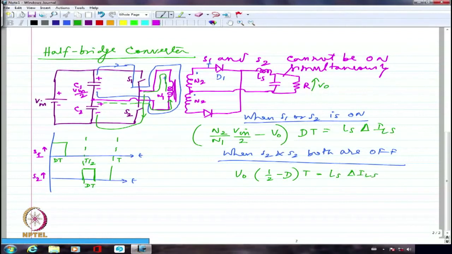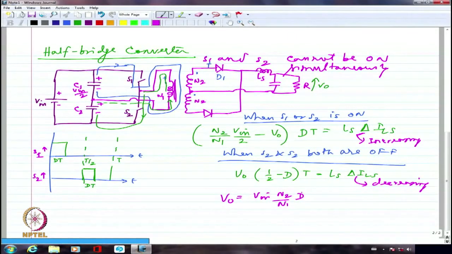So here this current is increasing, whereas this is decreasing. There will not be the 2 factor, because this 2 factor will get cancelled with the 2 factor we are getting in the other one. So I think you will get something like V in multiplied by N2 by N1 multiplied by D. This is what you should be getting as the output voltage in this particular case, which is half bridge.